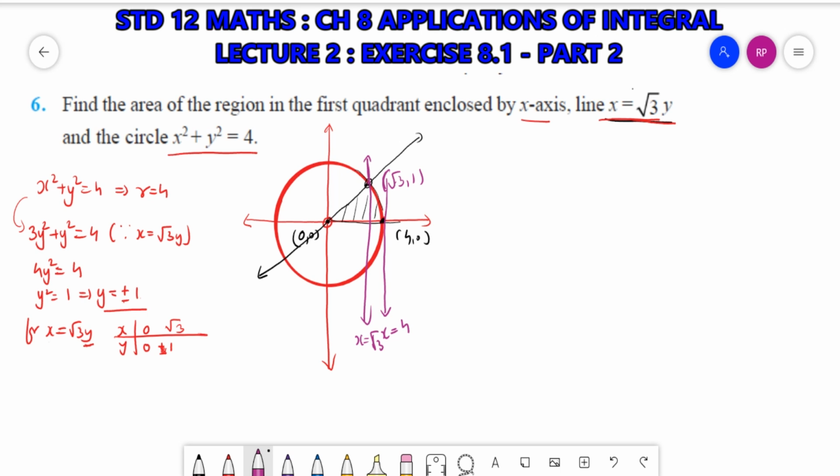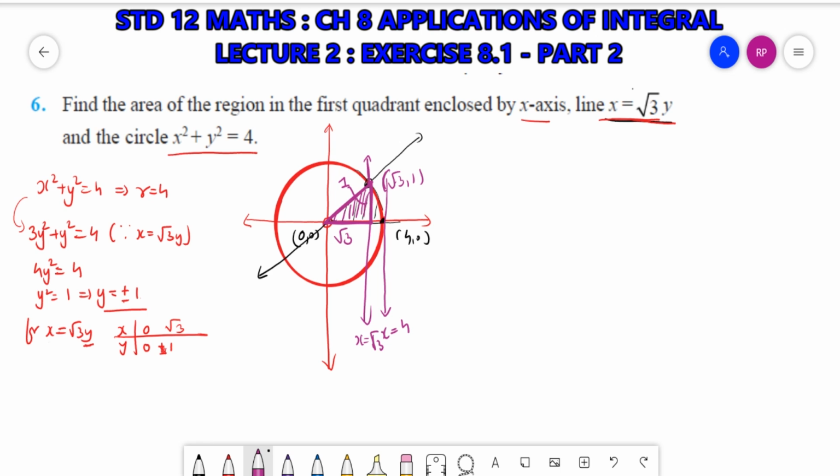Now this is forming a triangle, where this length is root 3.